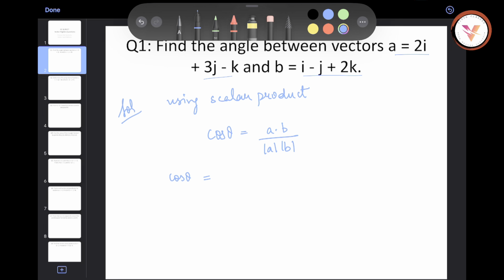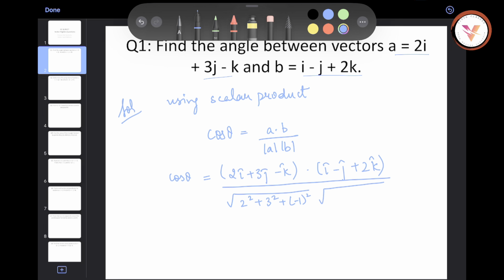So A is 2i cap plus 3j cap minus k cap, dot product with i cap minus j cap plus 2k cap, upon magnitude of A, that is square root of 2 square plus 3 square plus minus 1 square, into magnitude of B, that is square root of 1 square plus minus 1 square plus 2 square.